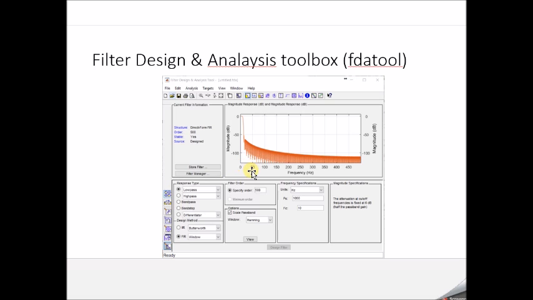And this filter design and analysis toolbox will allow us to adjust the parameters of these filters and their classifications in order to design the best filter for our purposes.